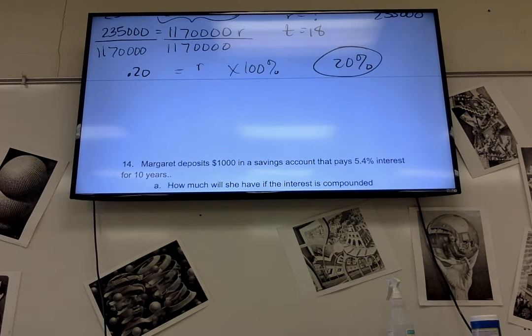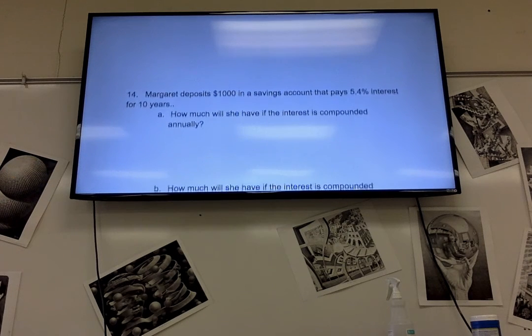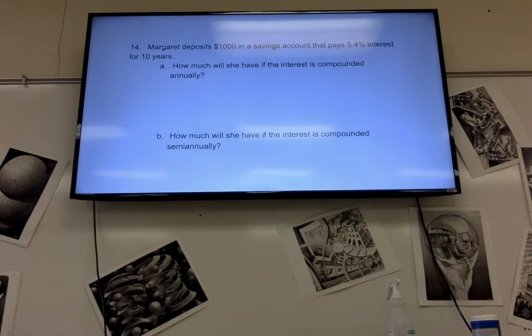Okay. Margaret deposits $1,000 in a savings account that pays 5.4% interest in 10 years. How much will she have if the interest is compounded annually? So now it's a different formula. So A is basically what we're looking for.